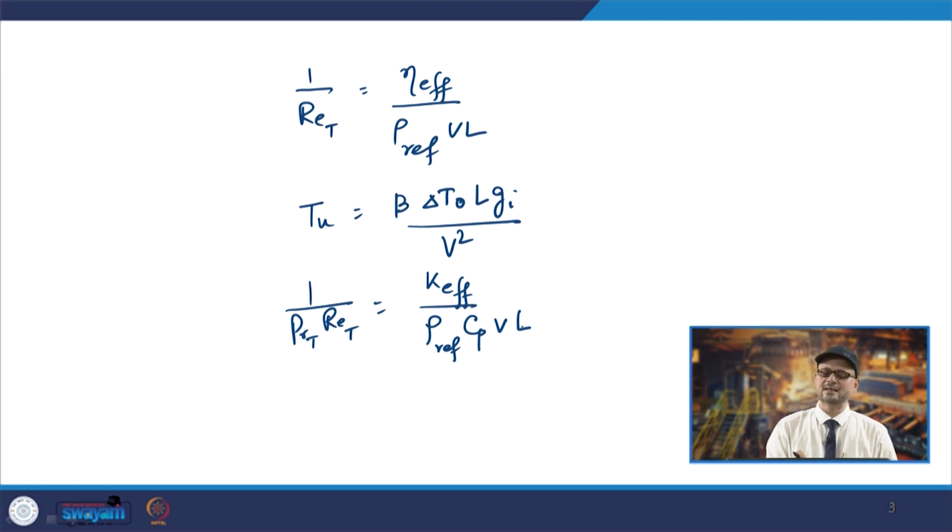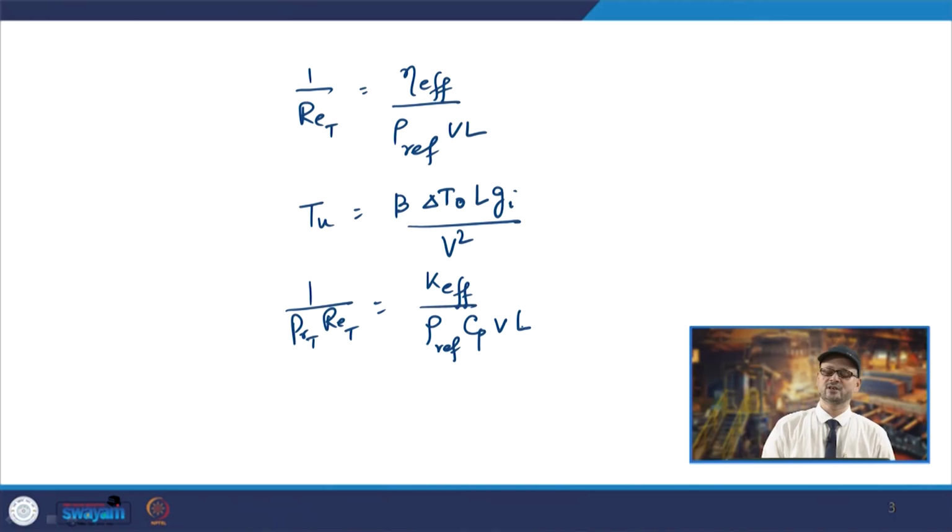So, these are the dimensionless groups which are coming when we talk about the non-isothermal system, and they need to be constant. They come when we derive the thermal energy balance equation.